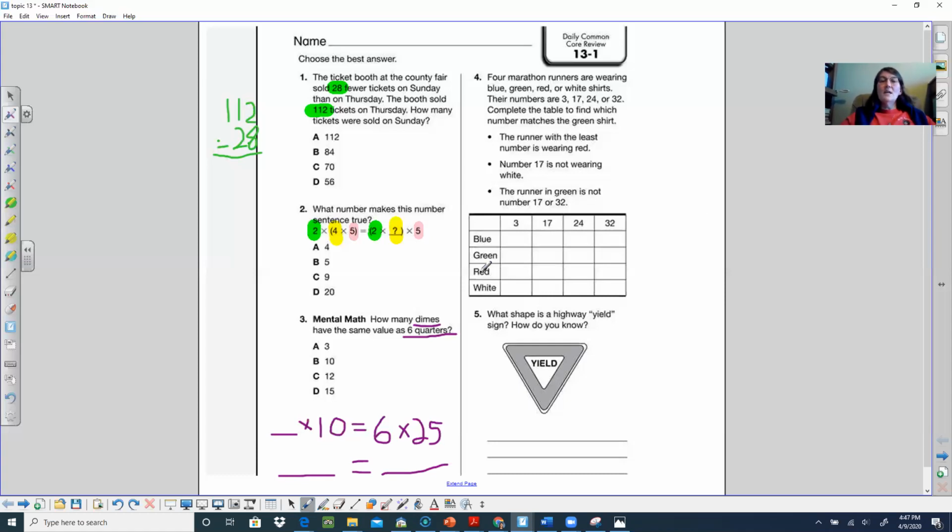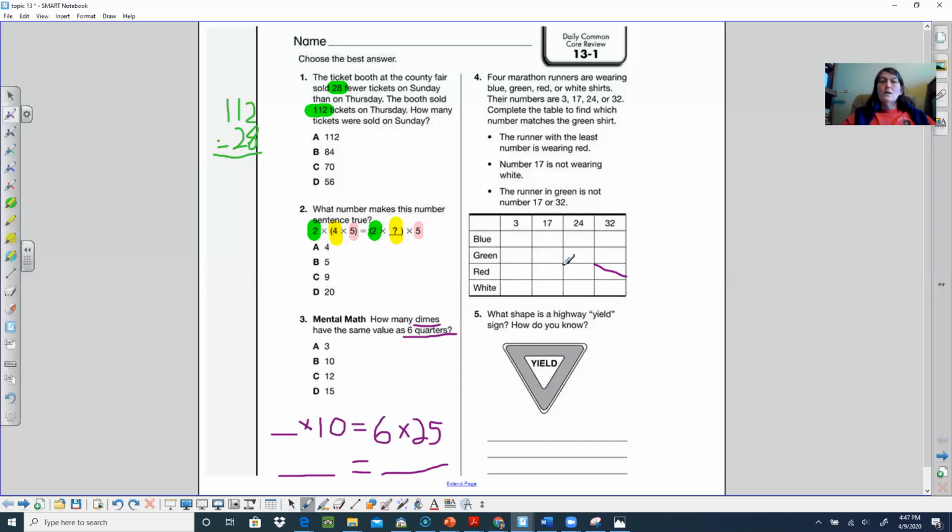So that lets me know for red, I want to find the smallest number. 32 is not my smallest number. I'm going to cross that out. On your Google slide version, I put yeses and nos, so you'll be dragging yeses or nos over. So you'd put an N in that spot.